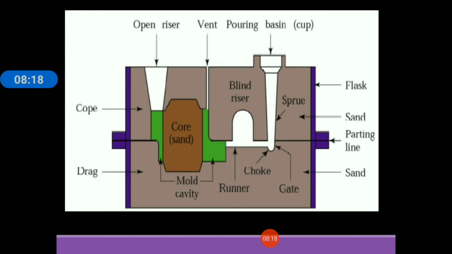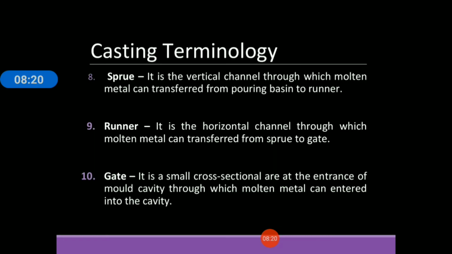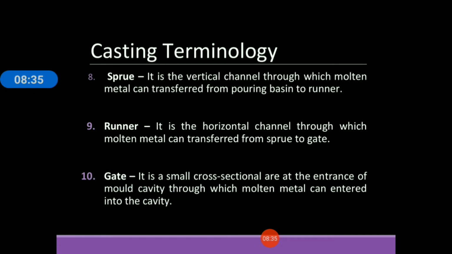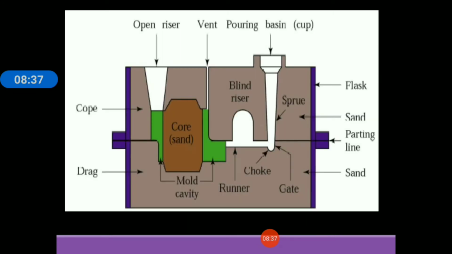Now the next casting term is gate. It is a small cross-sectional area at the entrance of the mold cavity through which molten metal can enter into the mold cavity. So it is a small passage or small space through which your molten metal can enter into the cavity.